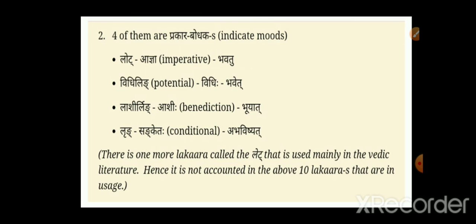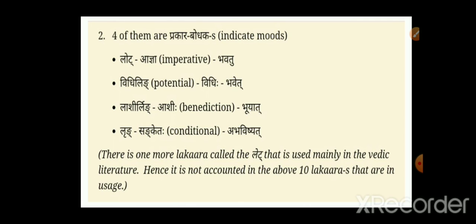So among those 10, we have seen first 6, which are the tenses. And the rest 4 of them are prakara bodhaka. These 4 are to indicate the moods. 6 of them are to indicate tenses and 4 of them are to indicate the moods. What are those which are indicating the moods?